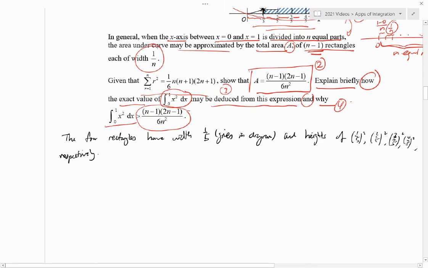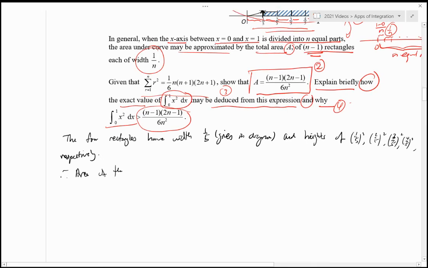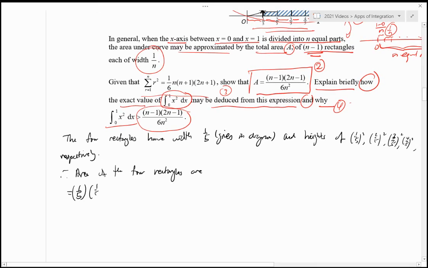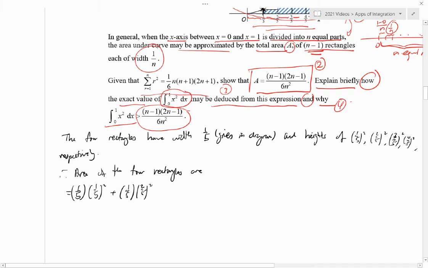All right. Therefore, the area of the four rectangles: area of rectangle is width times height, right? So the width is 1/5 times 1/5 squared. Next one is 1/5 times 2/5 squared. Now, why is that so?